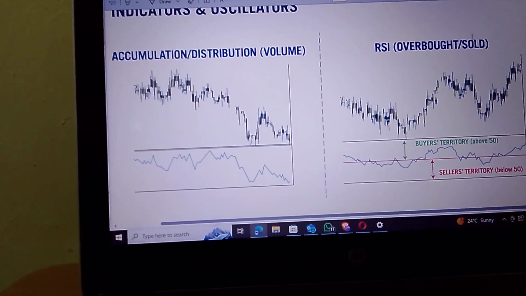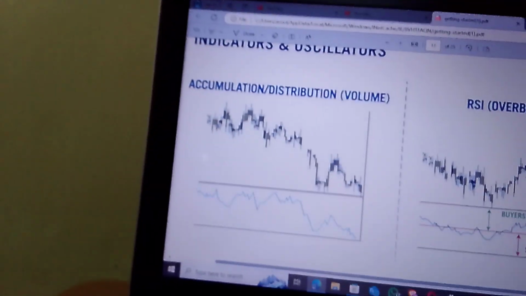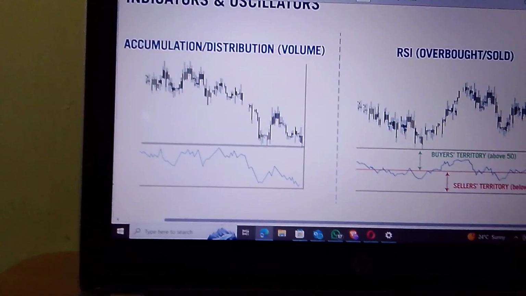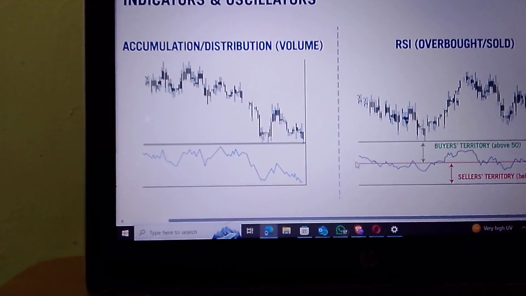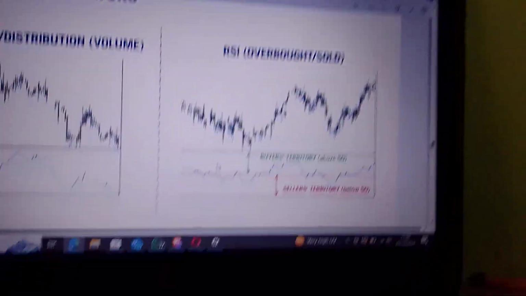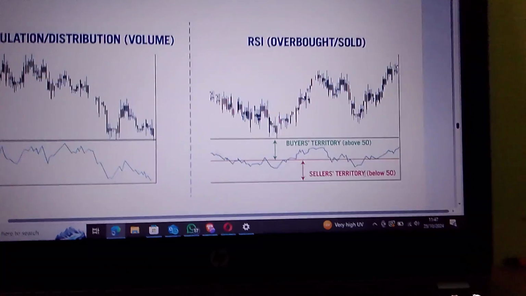And then RSI, overbought/oversold. Oh, this was accumulation/distribution. Then this one is overbought/oversold. So here we can see this indicator shows the buyer's territory and the seller's territory.